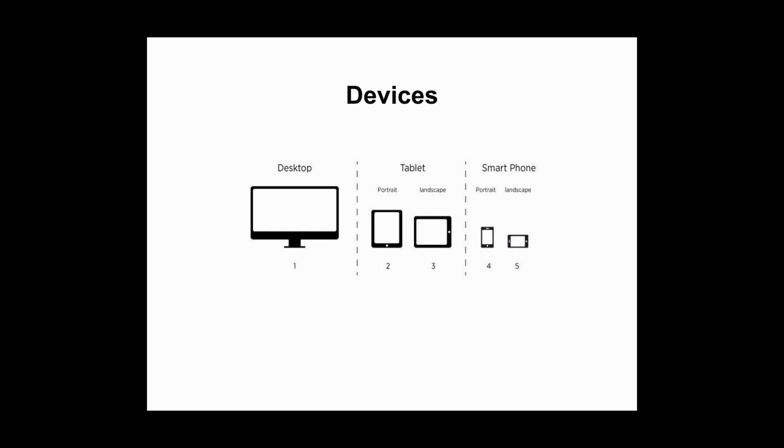So when you think about devices in these three families, it makes things a little bit easier for you, because you don't have to necessarily know what specific size each device is or what operating system they're using. Just think that they fall in one of these families. So that makes it easier for you to design.